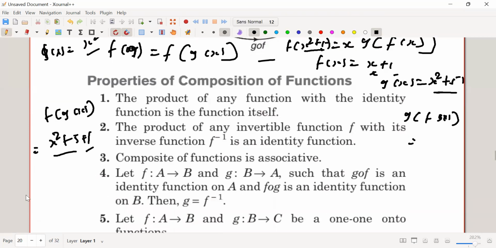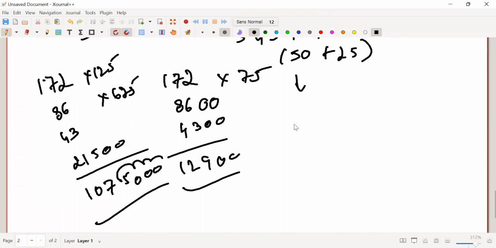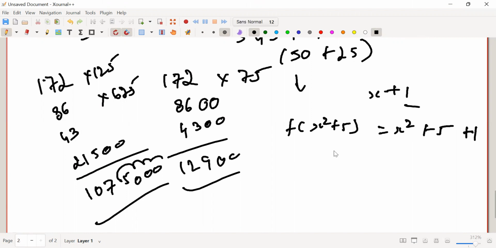ஓகேவா? இப்போ g of f of x இடத்துல என்ன ஆகும்? f of x is x plus 1. In place of x, I am substituting x squared plus 5 and this 1 constant. So x squared plus 6 is the answer.